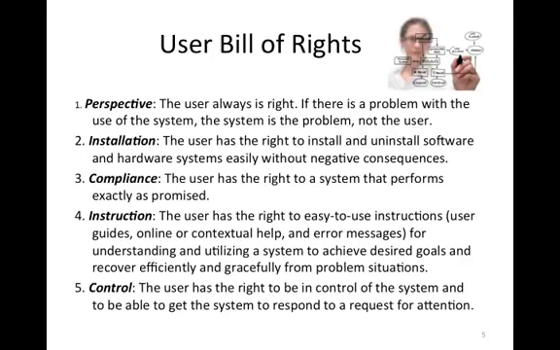This is one of the most interesting concepts that I have encountered while I've been doing work on designing user interfaces. And this is something that was developed in the late 1990s by a woman whose last name is Carrick. And she talks about designing systems for users, thinking about the user's rights.